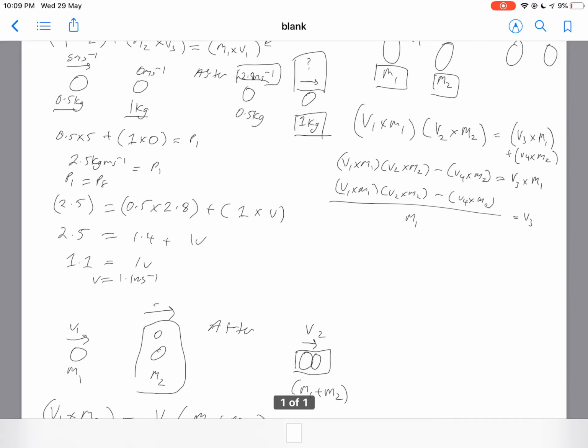I don't think there'll be much more than asking you to find the collision. Let me just double check.